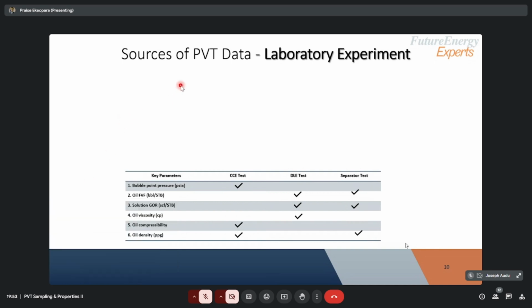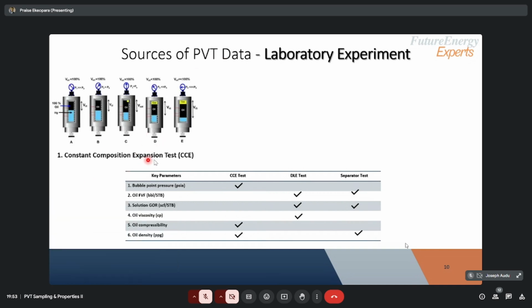Okay. So the first experiment is the constant composition expansion test, the CCE. And how does this test work? Firstly, we have a crude oil sample that we have inserted in our cell, right? The oil we are inserting in this cell must be in single phase, right? When we insert it here, we make sure that we provide a pressure to it, because any drop in pressure as you insert this oil is giving room for gas to evolve, and that's not what we want.